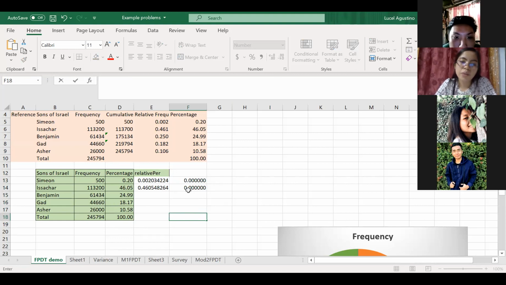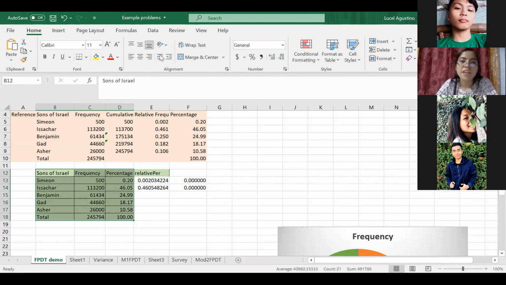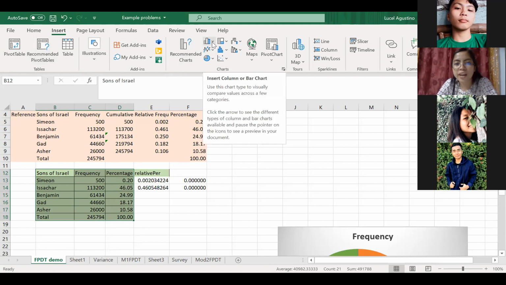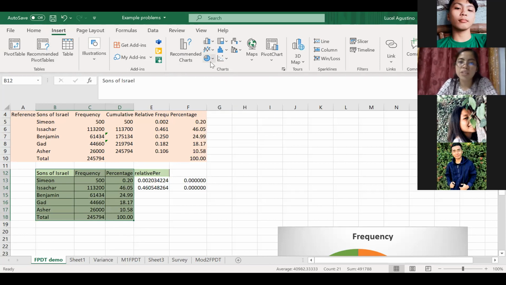And then, pag-ubra naman sa inyong pie chart. So you just have to shade this one, the sons of Israel, the frequency and the percentage column. And then you go to here in insert, and then you can see here the bar graph, the line graph, and the pie chart.